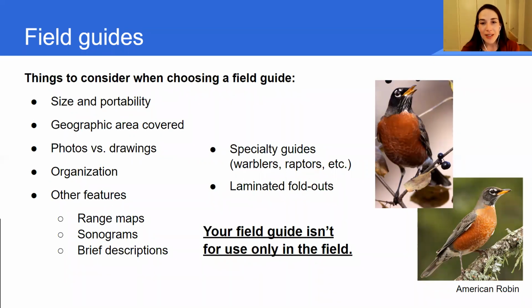It really does help if you have a broad sense of how your book is organized and how to use the index. Another thing I'll mention on that line is that a lot of these main field guides, this is how National Geographic does it, have families of birds on the inside front and back cover, and they list the page number so you can pull it up really quickly.